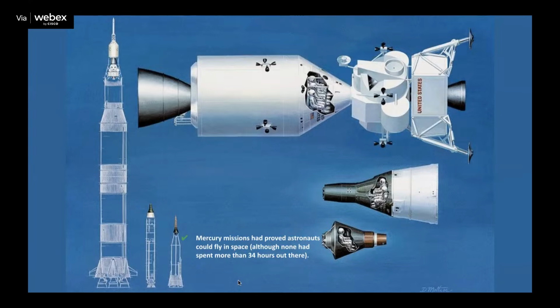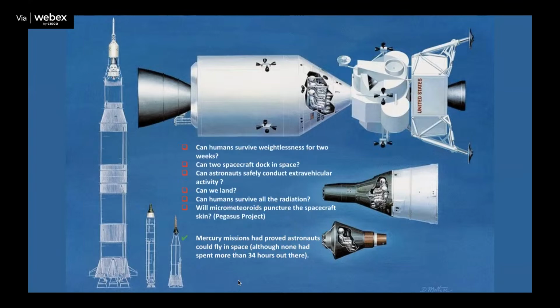But what they didn't know, look at all these things they didn't know. Can humans survive weightlessness for 2 weeks? Can 2 spacecraft dock in space? Can we conduct the EVAs, the extravehicular activity? Can we land? Because, with Mercury, they were splashing down in the ocean. How can we land? There's no ocean on the moon.